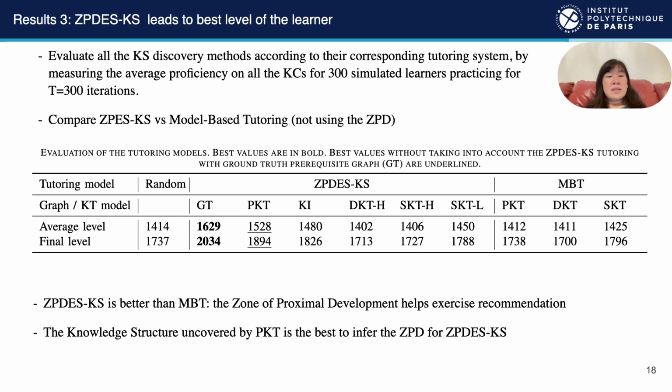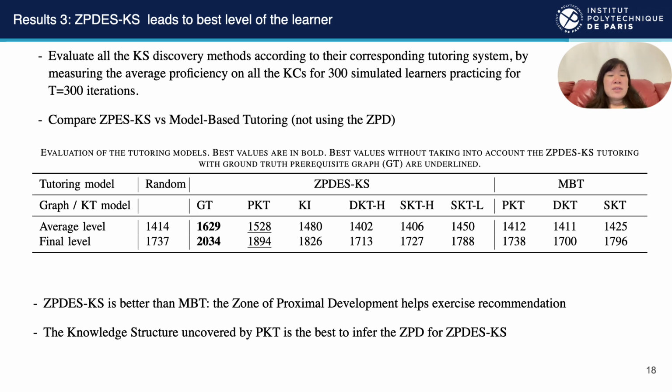If the ZPDES knows the ground truth of the knowledge structure, then we have the best results. If not, if we have to learn that knowledge structure, then we have the algorithm PKT that gives the highest average level and final level.